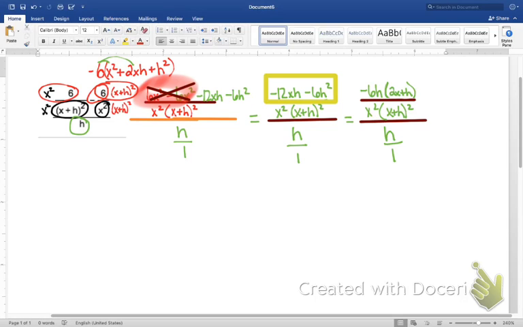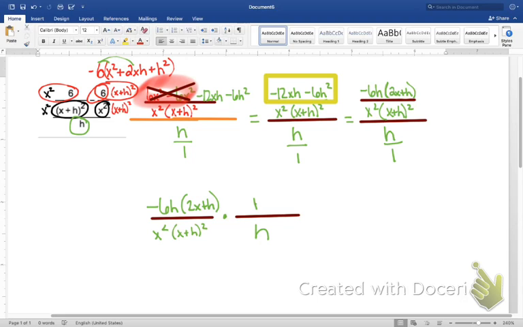So if we keep, change, flip, or if we keep the top, and then we change it to multiplication, and have 1 over h here, and negative 6h times 2x plus h all over x squared times x plus h quantity squared.